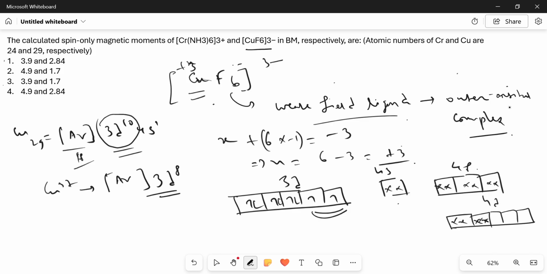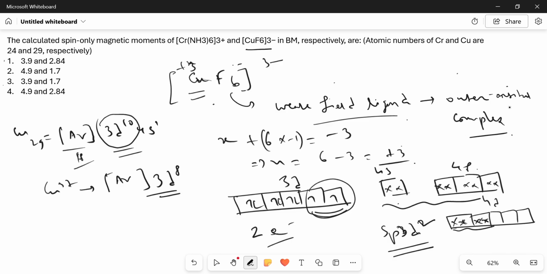So this is sp3d2 hybridization; the earlier one was d2sp3 hybridized, and this one is sp3d2 hybridized. There is no need for pairing of electrons here either. So the number of unpaired electrons is 2.